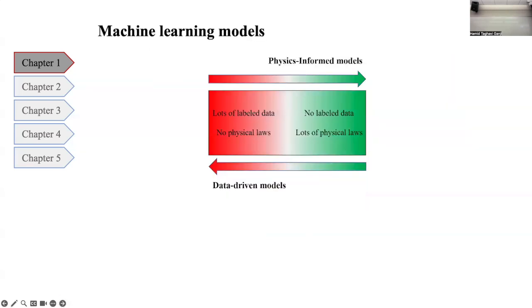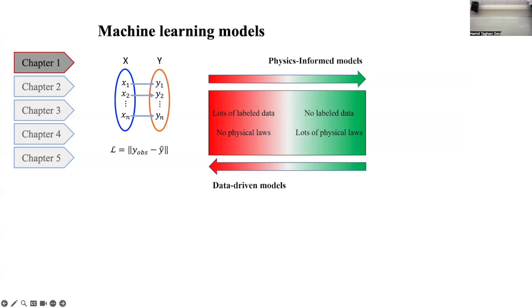Among the available options we have for the surrogate model, we chose to work with machine learning, and that's the topic of this presentation. One can divide the available machine learning approaches into 2 groups. The first group is data-driven models.